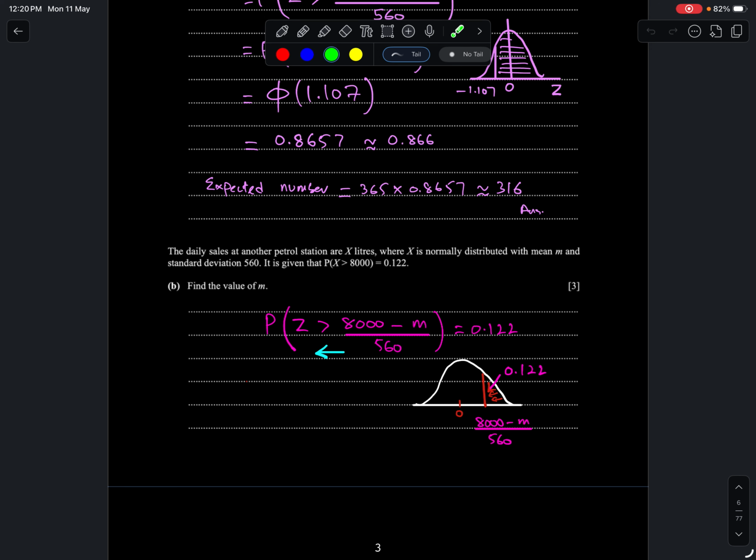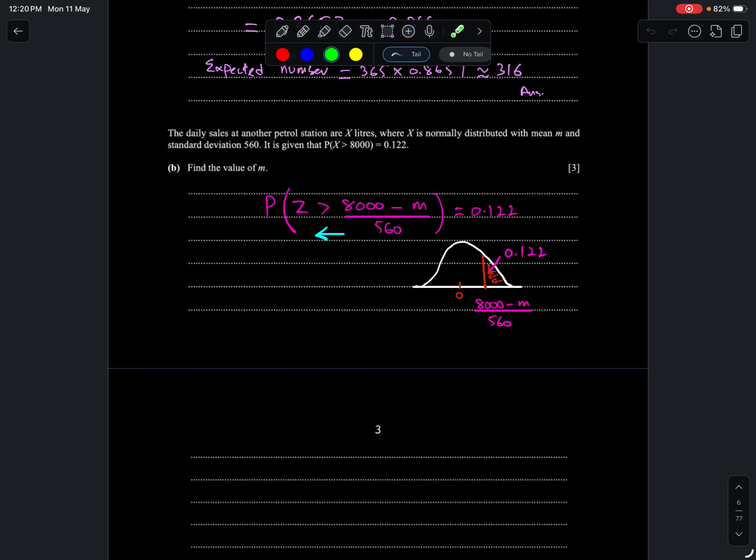All right, inverse normal. In inverse normal, you must know how to shade the region. So here you are going on the left side because it's inverse normal, so we shade in the opposite direction of the inequality. For greater sign, we shade like this. So from the upper tail, since this area is less than 0.5, stop well before 0. This is positive.